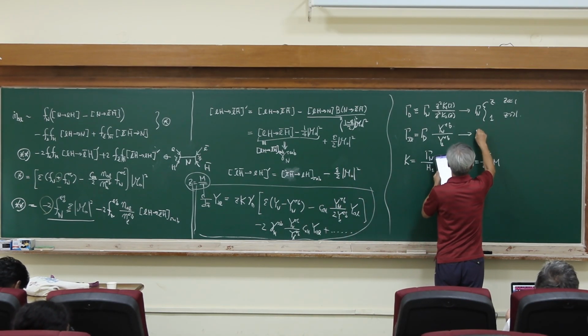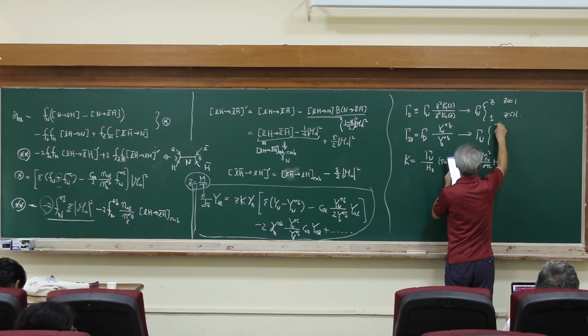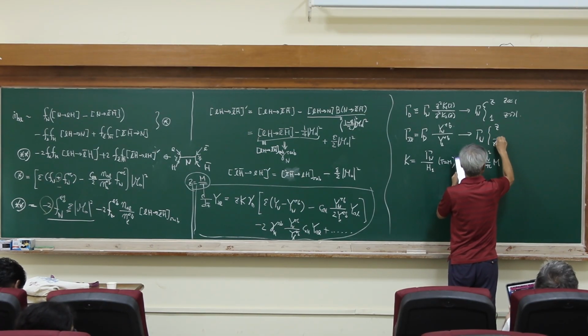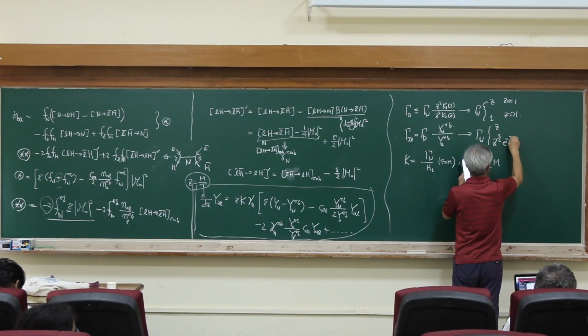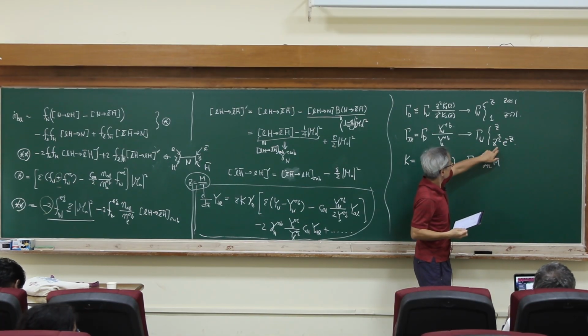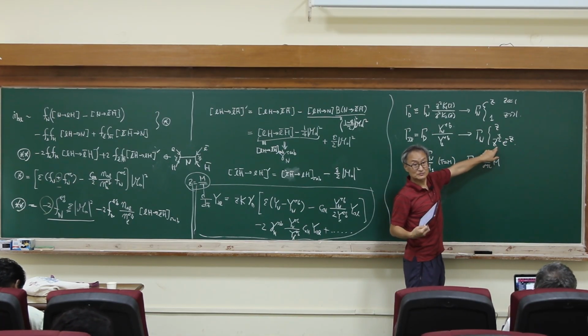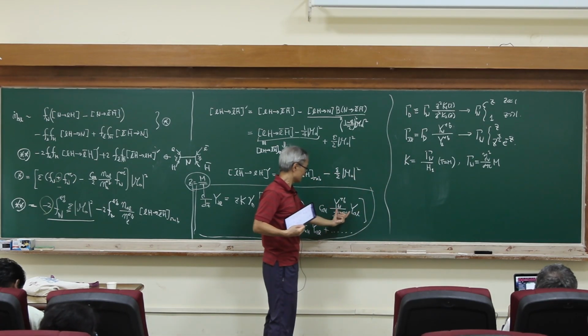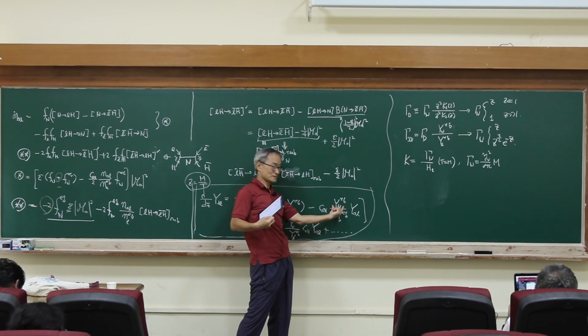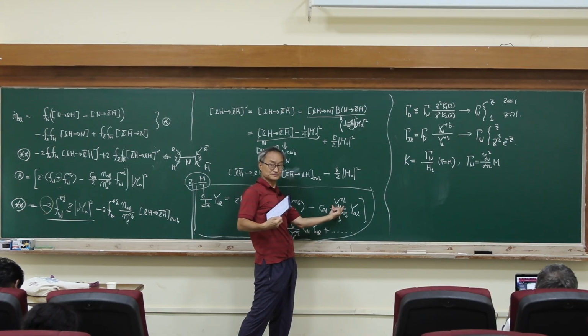And this goes to gamma_N. So at high temperature inverse decay is Boltzmann suppressed.